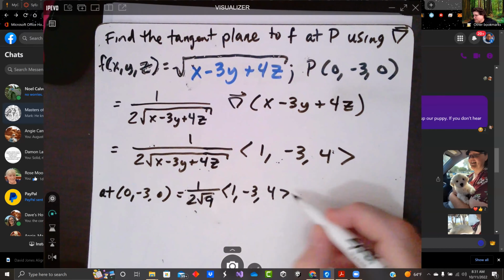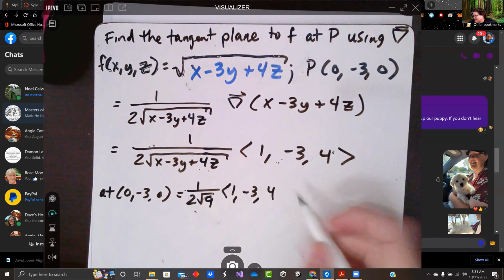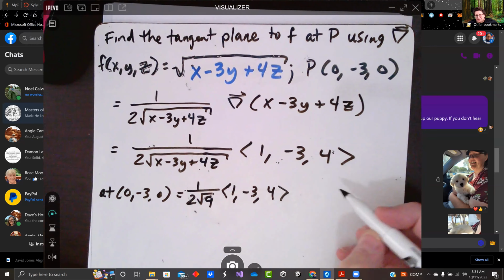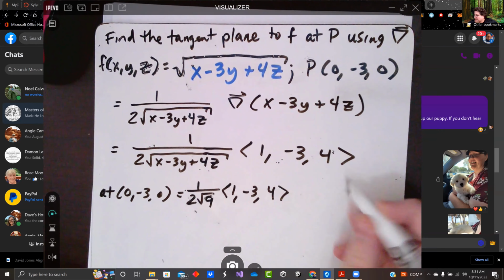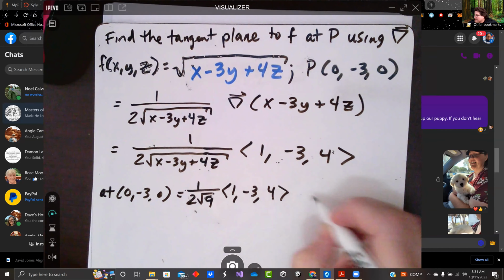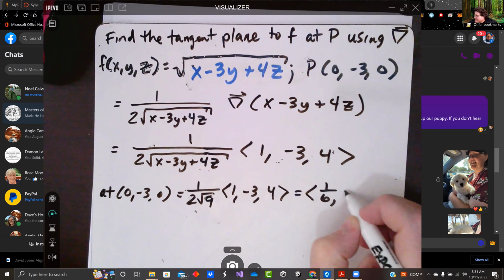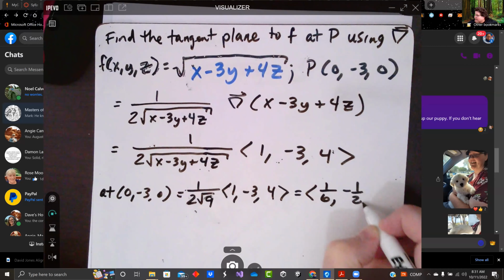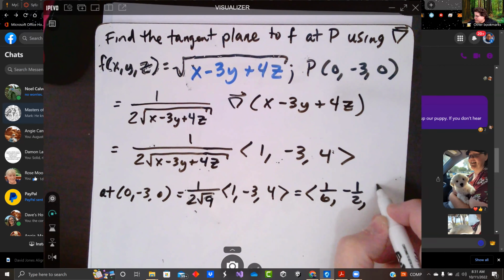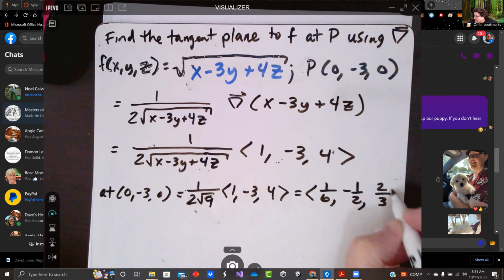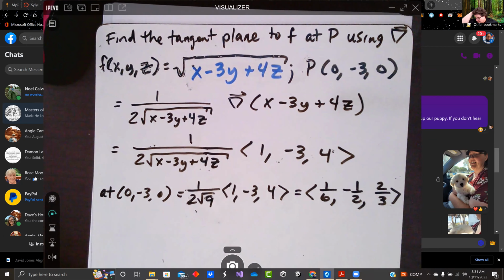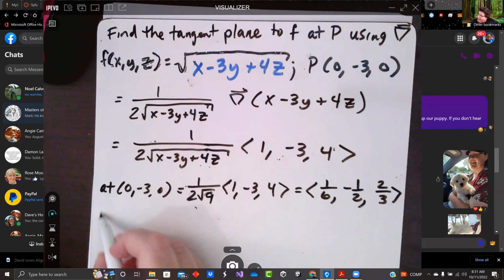And square root of 9, we're not going to leave like that because we know what the square root of 9 is. It's 3. 3 times 2 is 6. So we've got 1/6. Negative 3/6 is negative 1/2. And 4/6 would be 2/3. So that's the gradient of f at P.